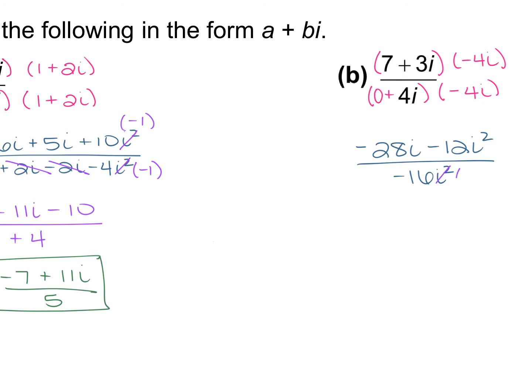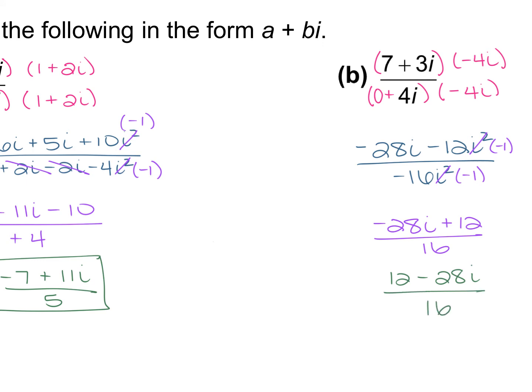Again, we said i squared is negative 1. So both on the top and the bottom, they would turn into negative 1, giving us negative 28i plus 12 over positive 16. You want to turn that top into a plus bi form, so that would be 12 minus 28i over 16.